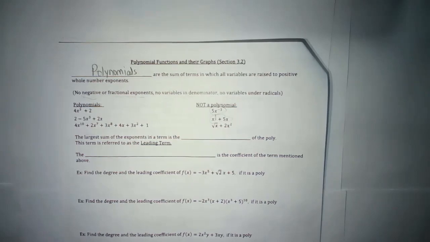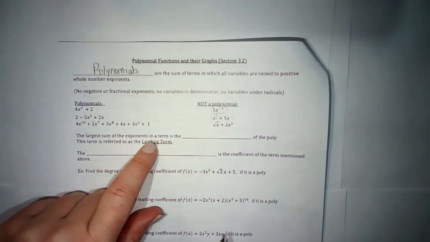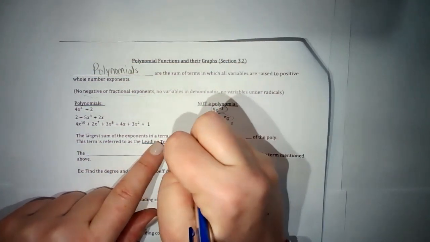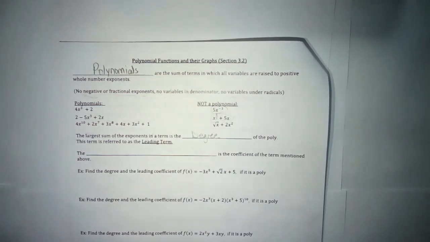Okay, all right. So then the largest sum of the exponents in a term is the degree of the poly. That's super important. You have to be able to tell the degree of the polynomial because that will tell you how much work you have left to do. It's also going to tell you how many answers you have. Okay.